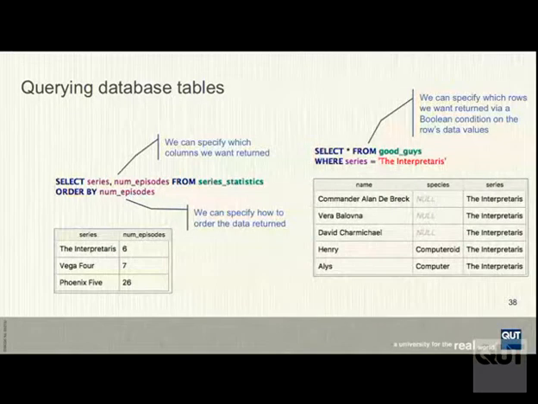So in this one on the screen at the moment, it says select all the columns from the good guys table where the series name is equal to the Interpretaris, the first of our 3 science fiction series. So the result set returned in that case is just those rows that have that characteristic from that table.